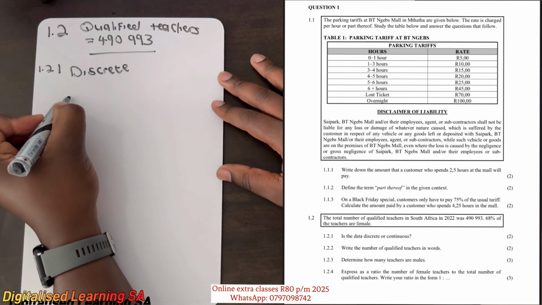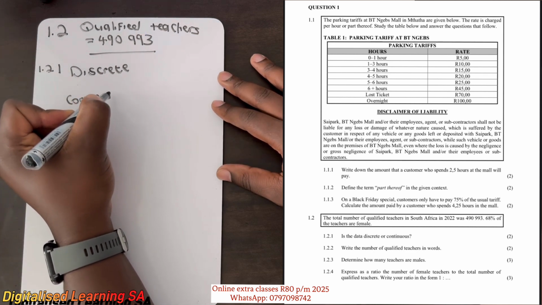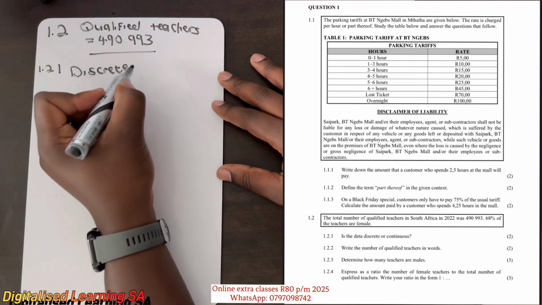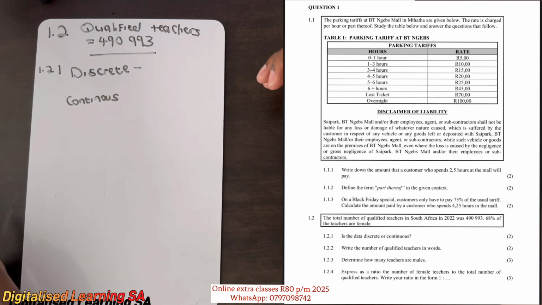Discrete and continuous. So the data that is discrete takes only whole numbers. So the answer that you have needs to be a whole number.